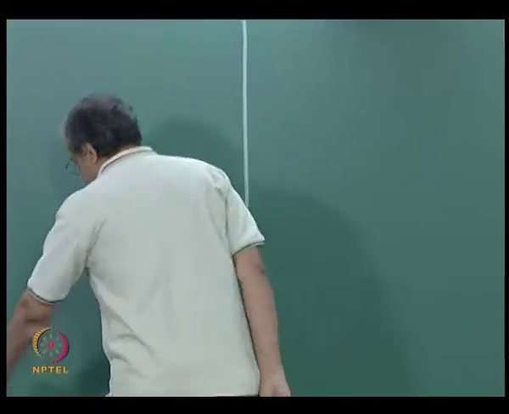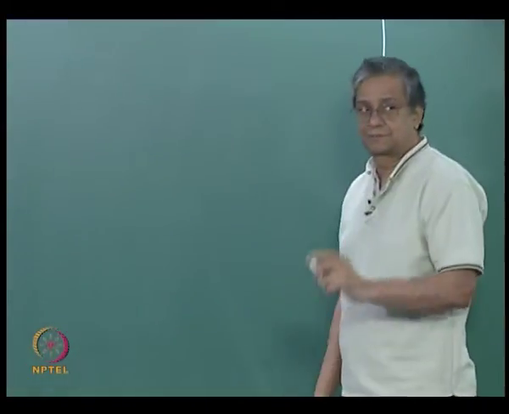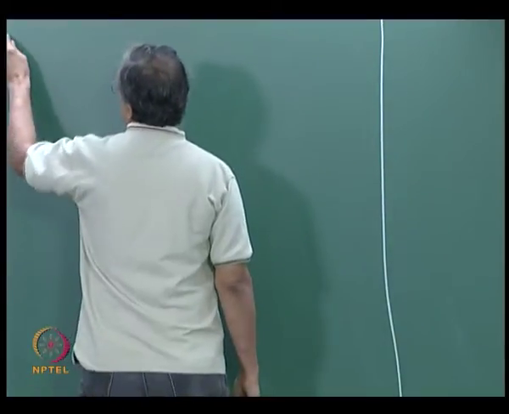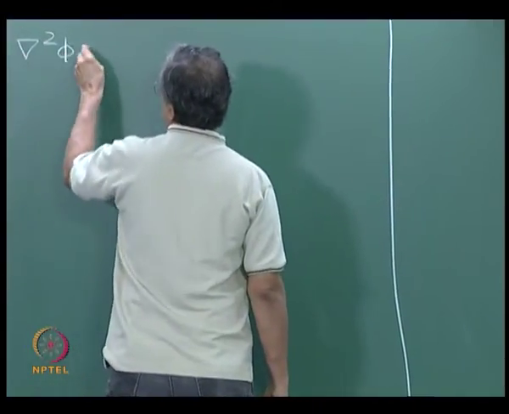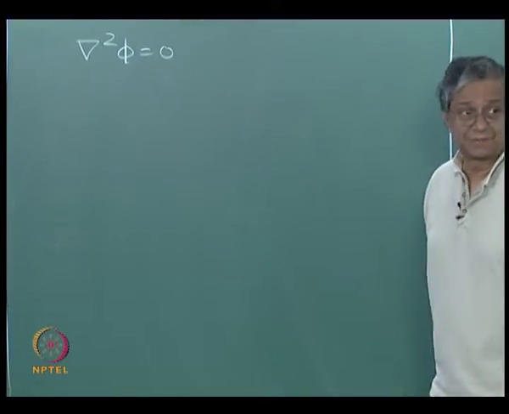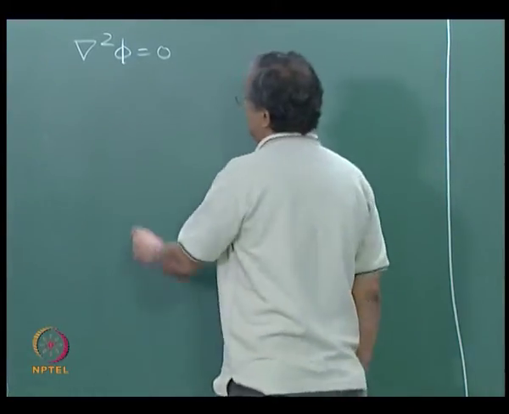So what we will do today, let me first add a little to yesterday's discussion. We are solving nabla squared phi equals 0, and we did the discrete version of that.